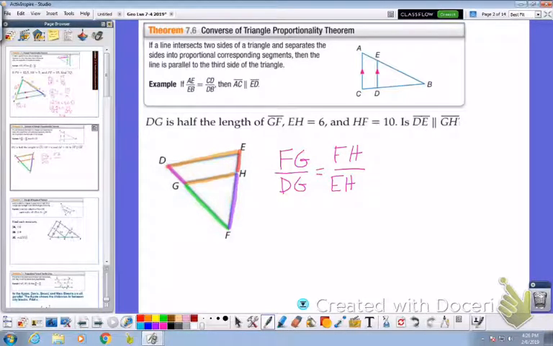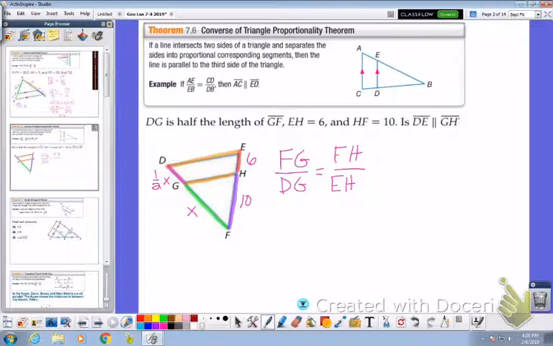So, in our problem it says that DG is half the length of GF. I have no clue what GF is, so I'm just going to put that as X. My DG is half of that, so 1/2 X. I know that EH is 6, and I know that HF is 10.